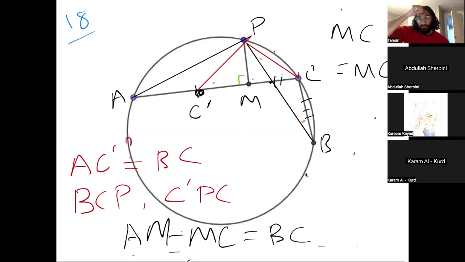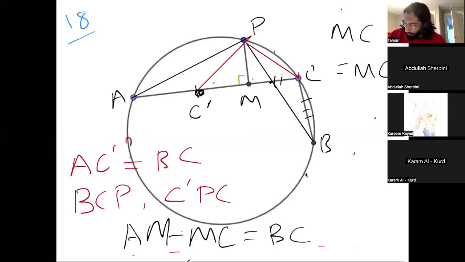But for that angle to be equal, this C really needs to lie halfway between P and B on the arc. Does that make sense? And I think C was actually just chosen arbitrarily, right? So A, P, and B are equally spaced, but C is kind of arbitrary. So it actually should not be that they're equal.